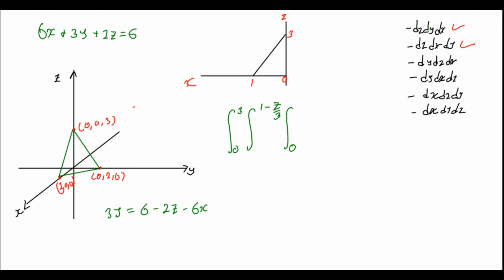So divide both sides by 3, that would be y equals 2 minus 2z over 3 minus 2x. Is it? Yeah, it is. So we say 2 minus 2z over 3 minus 2x. This will be dy dx dz, which is that one.